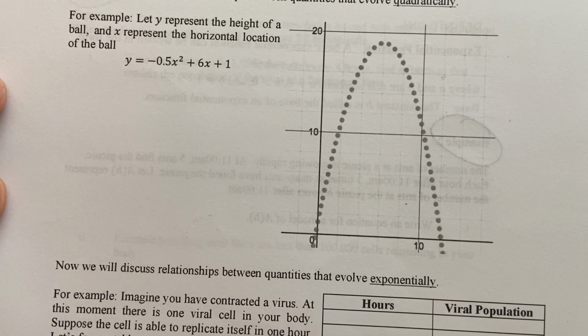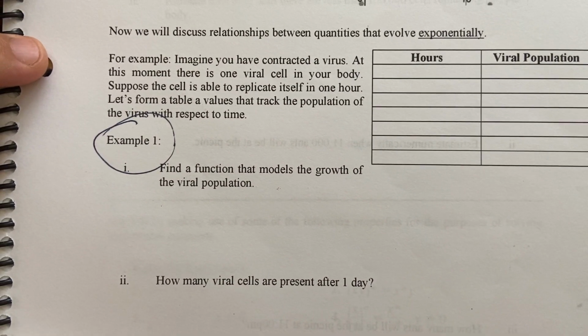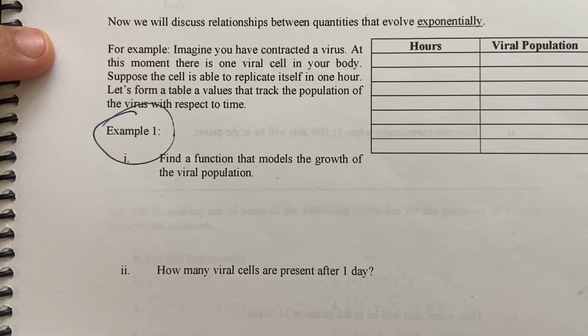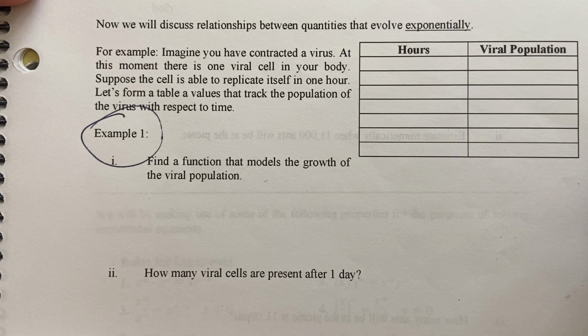So now we're going on to exponential models. And this is going to hit, hopefully not too close to home, but I wrote these problems before this pandemic, but now this type of example is maybe a little too real at this point.